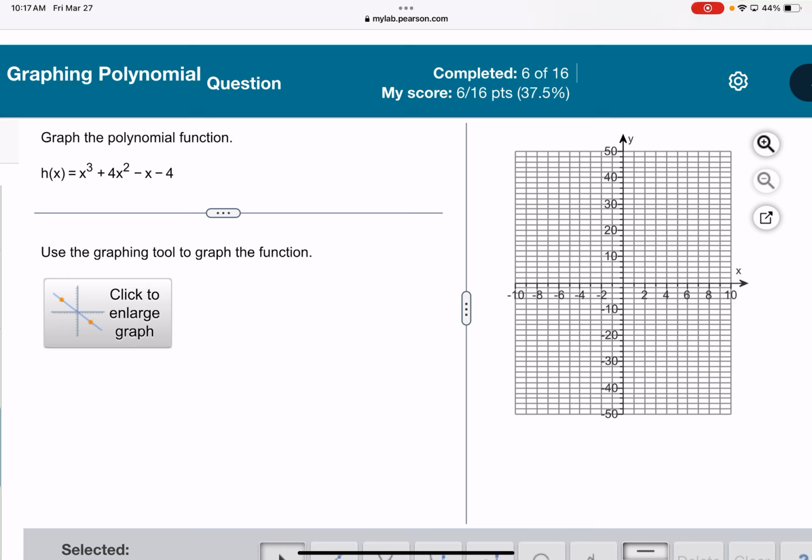And then all of these multiplicities are odd. They're all 1, so they will all cross. So this one has to go up and cross through here, then it has to come down at some point, cross through here, then it has to go back up at some point and cross through there. Cool? Okay, so this is the general shape of my graph.